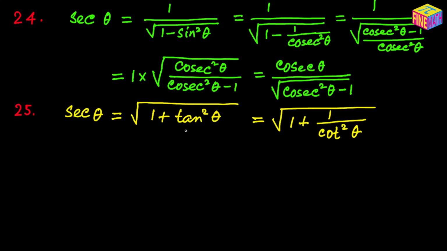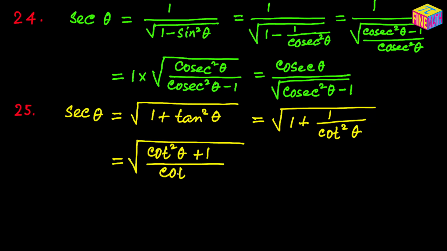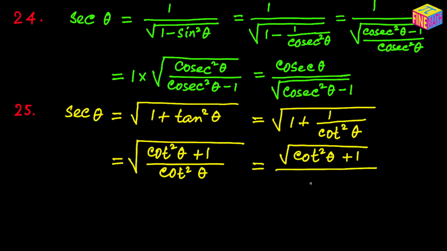And now if we simplify it, it will become square root of cotangent square of theta plus 1 whole divided by cotangent square of theta. And this will be equal to square root of cotangent square of theta plus 1, divided by, if we bring the cotangent square theta outside of the square root, just cotangent of theta. So this is the value of secant of theta in terms of cotangent of theta.